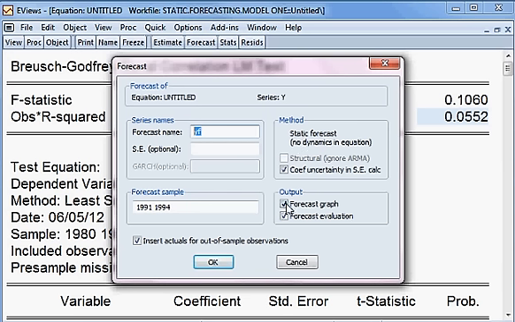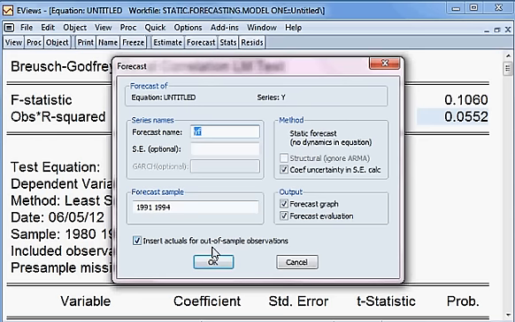So we shall be doing here static forecast, right? And here will be forecast graph and forecast evaluation, all will be here. And insert actual for out of sample observation. What does out of sample mean? Meaning that the forecasting will be beyond our regression model.